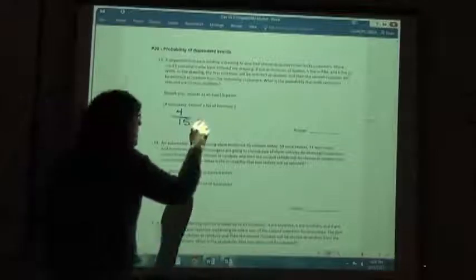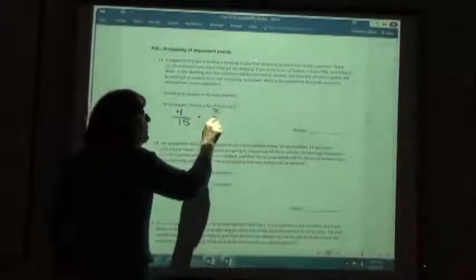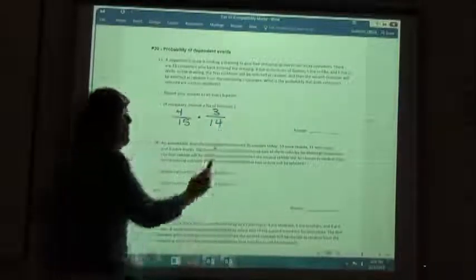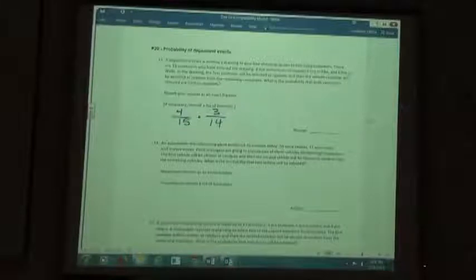So for my first drawing, I've got a chance of getting 4 out of 15. However, once I draw one of them, now my probability is going to change. Now there are only 3 left out of 14, right? Because I picked one of them out.